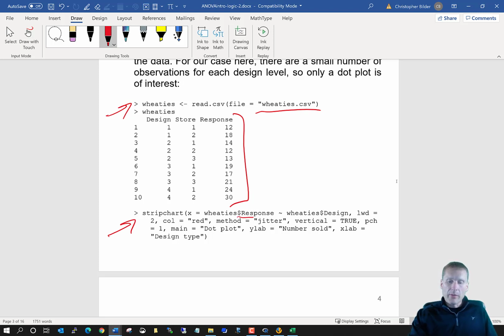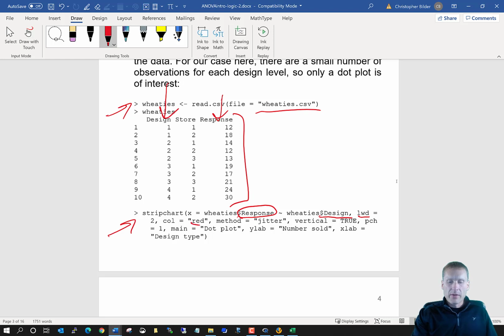What's going to go on my y-axis is the number of boxes sold. What goes on my x-axis is the corresponding design type. I'm going to use a line width of 2, meaning the plotting points are going to be 2 times the thickness of what's normal.